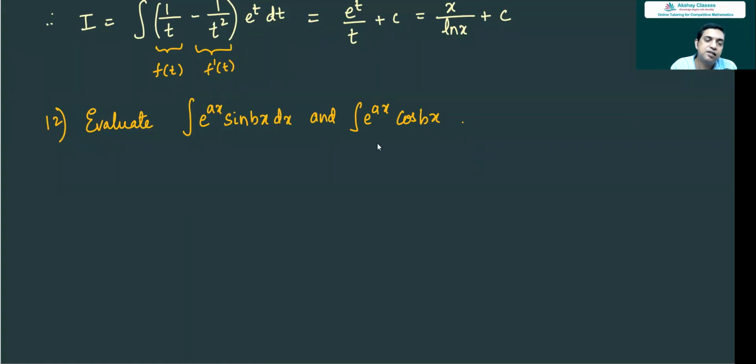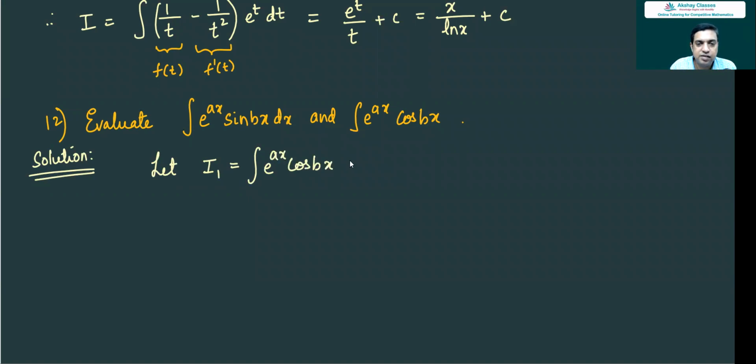Okay. Now I'll do like this. Let I1, the first integral, be integral e power ax cos bx dx. Yeah, I missed a dx. And let I2 be integral e power ax sine bx dx.